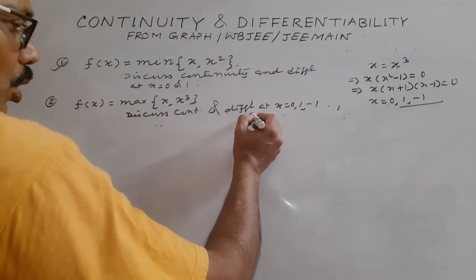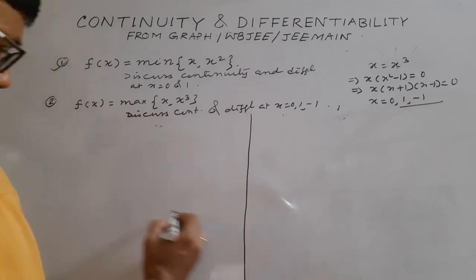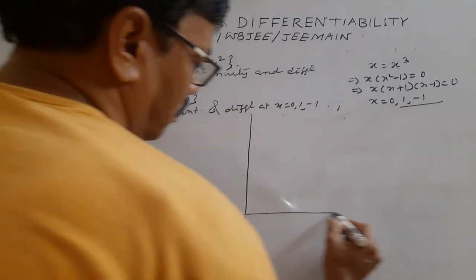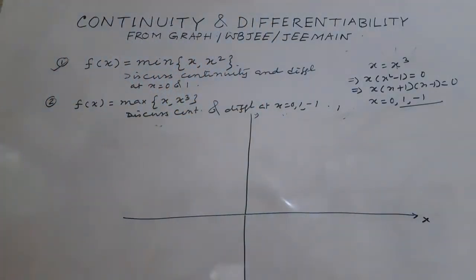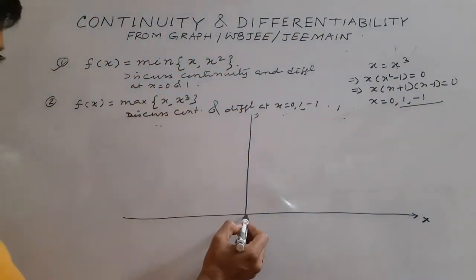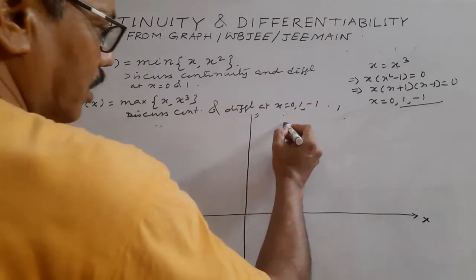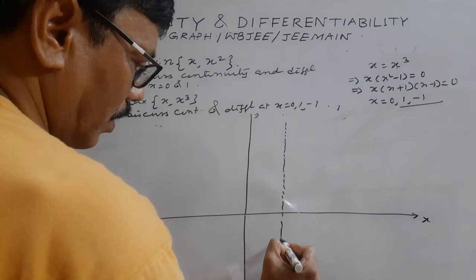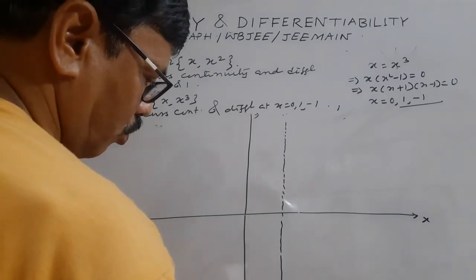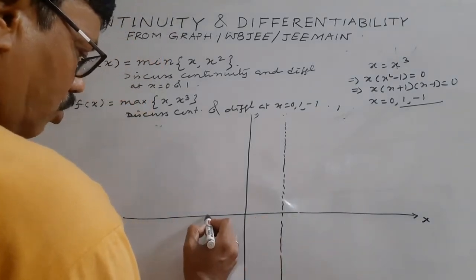Now we try to draw the graph of the function. So y equals x first. So what are the points of intersection? So look, this is x equals 1. This is x equals 0.